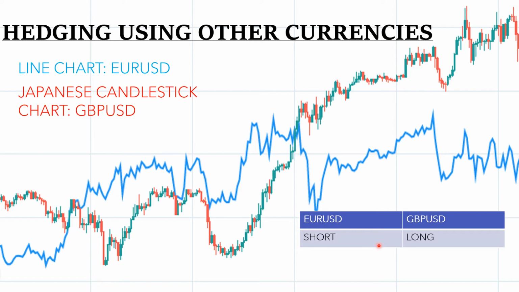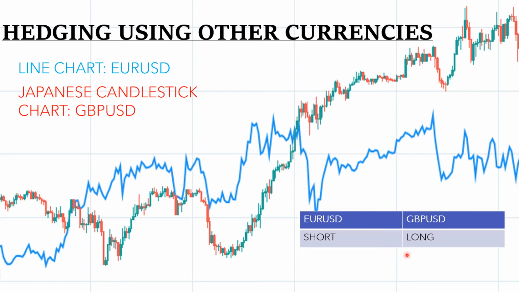And so let's give you an example. Let's say you're shorting the euro to the US dollar and then it started to go in the opposite direction. You started losing money. You would open a long position in the pound to the US dollar. But why is this? Well, if you have a short position in the euro to the US dollar, you might have to hedge your USD exposure, and you will do this by opening a long position for the pound to the US dollar.